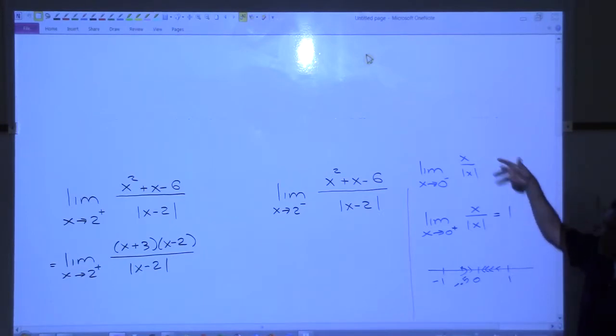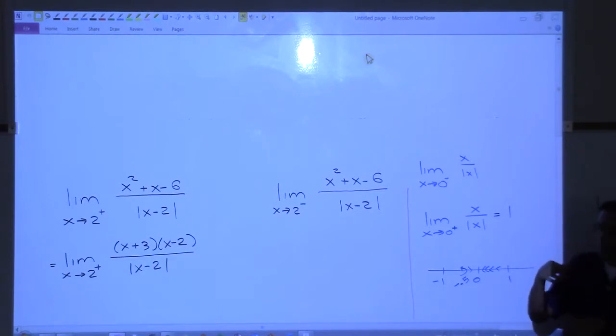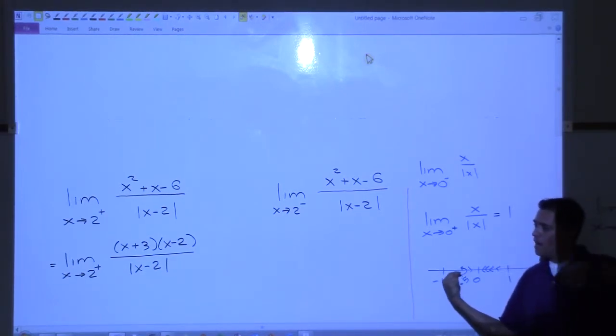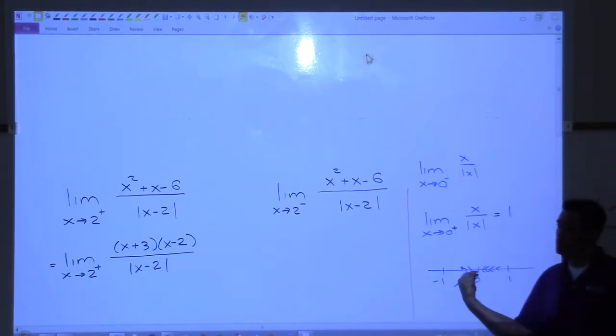So even though the values are the same, like the top and bottom, the number's the same, from this side, they're both positive, right? And from this side, the top is negative and the bottom is always positive. Make sense? So the limit from this side is 1, but the limit from this side is -1.